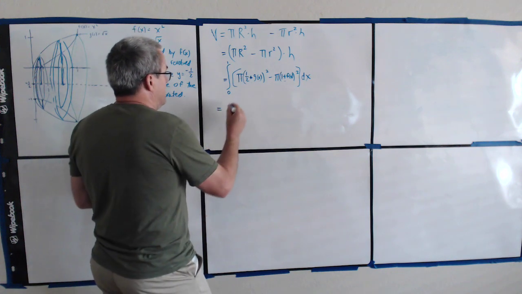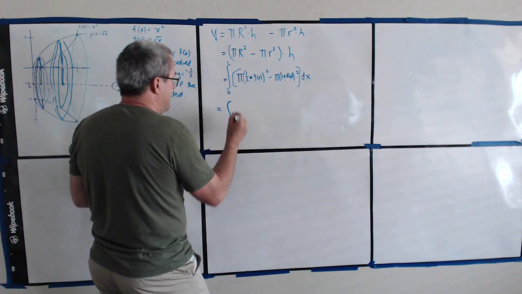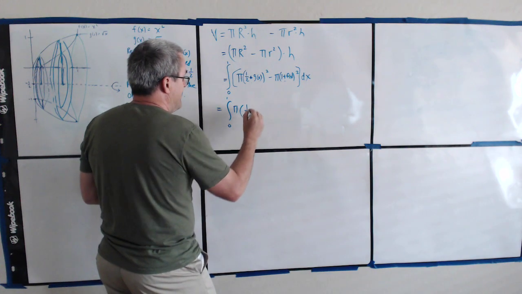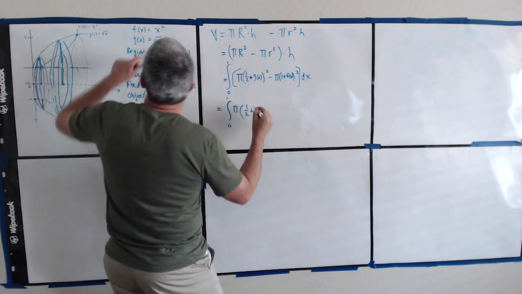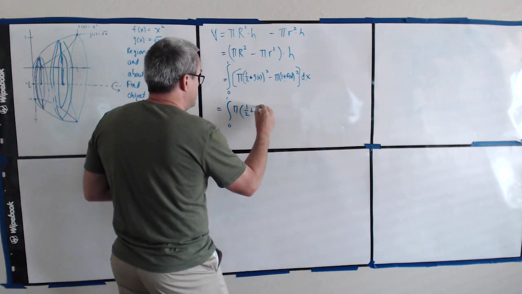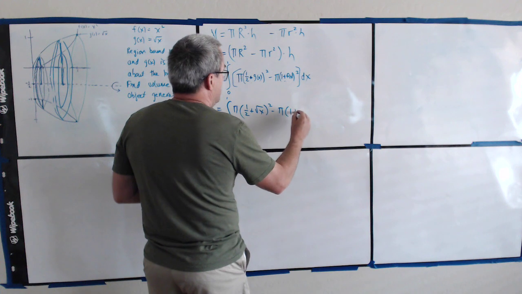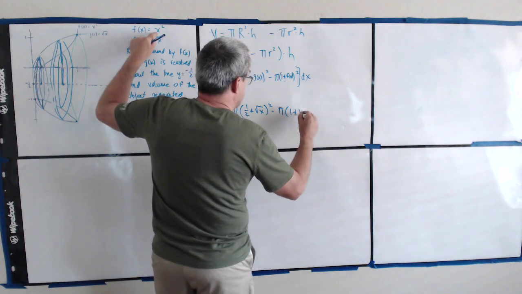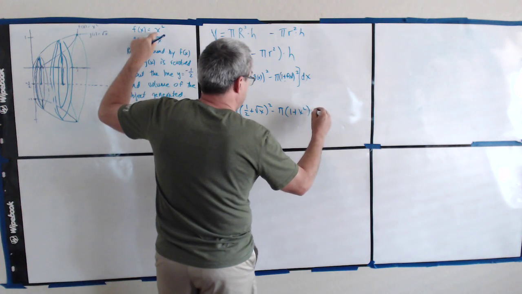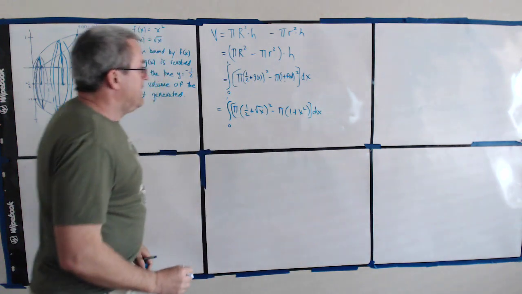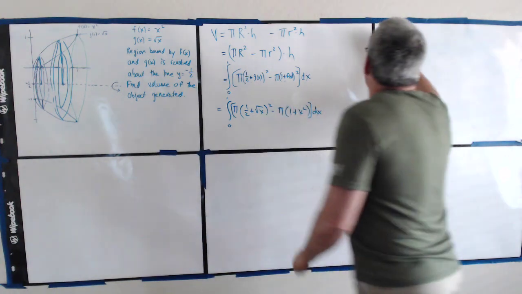So in terms of simplifying this, we have the integral from 0 to 1. We've got pi times that 1/2 plus g of x, and g of x was the square root of x. We've got pi, we've got 1/2 plus f of x, and f of x was x squared. Now let me come up over here.